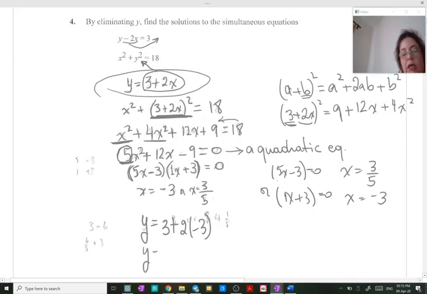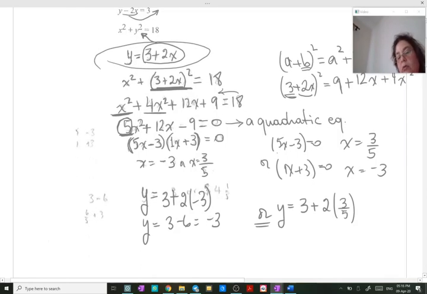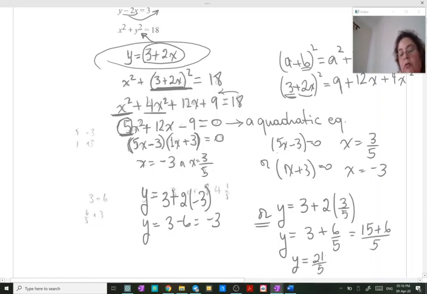So y is equal to 3 minus 6, which is minus 3, or y equals 3 plus 2 times 3 over 5. So y is equal to 3 plus 6 over 5, which is equal to 15 plus 6 over 5. So y is equal to 21 over 5.